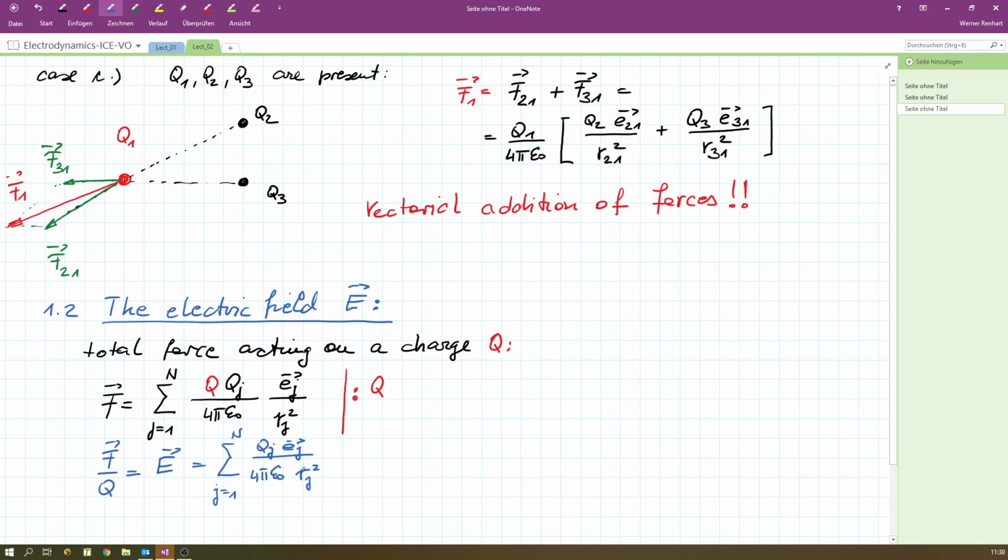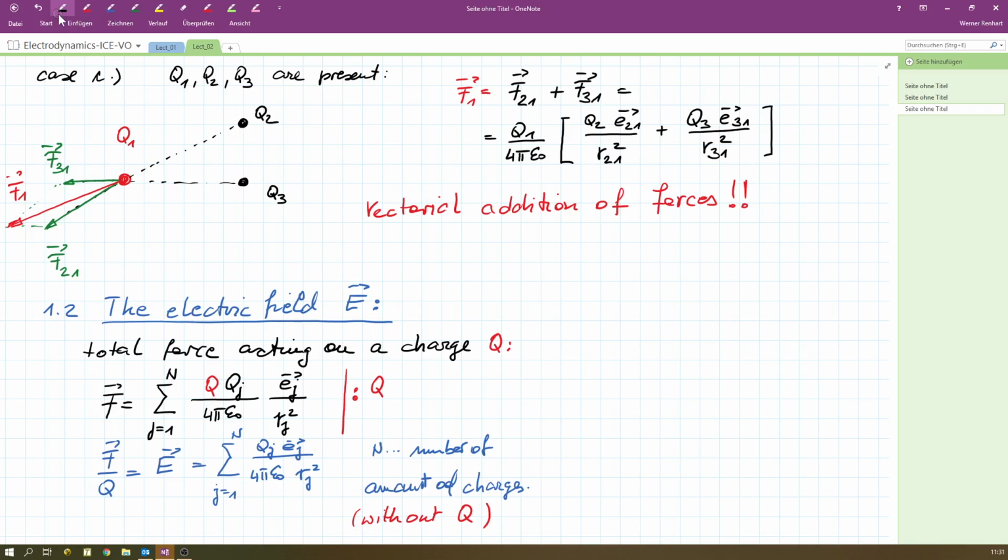So, and N is the number of amount of charges. This is without Q, because Q is considered, which is acting all around, is acting on this Q.